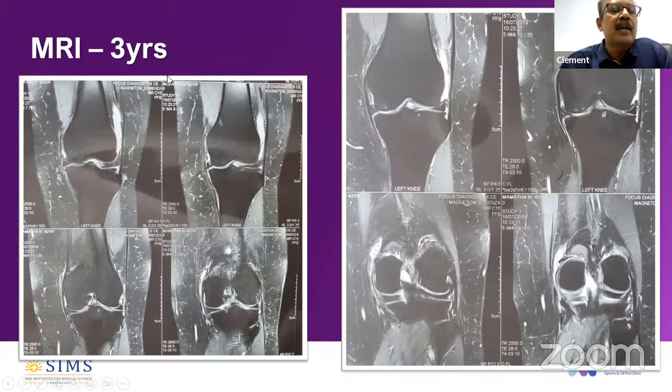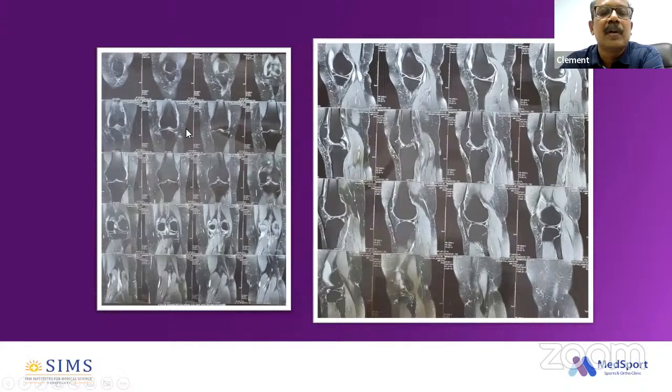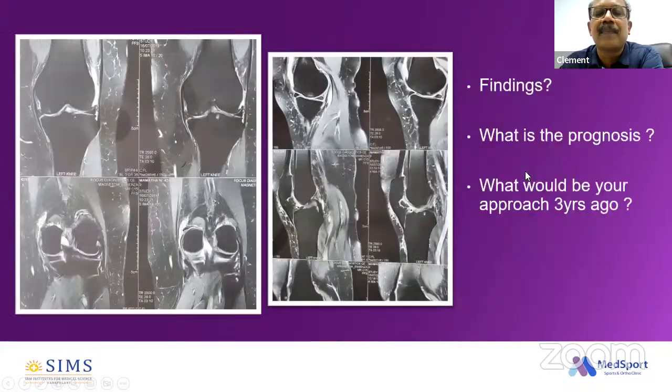And this was the MRI taken 3 years back. You can see there is a root tear posteriorly, but the meniscus is not extruded, or maybe partially extruded here. You can't see any bone marrow edema in this series of films. You can see some kind of mucoid degeneration in the ACL.